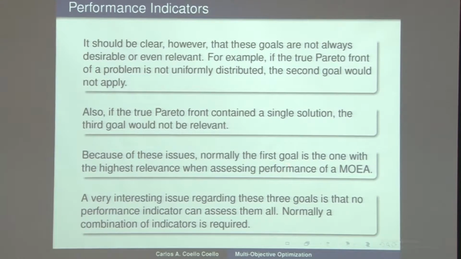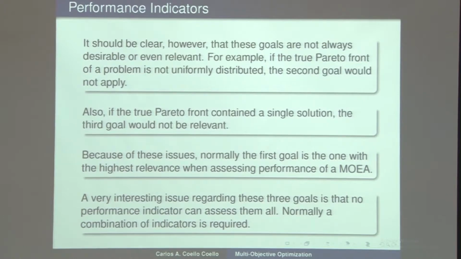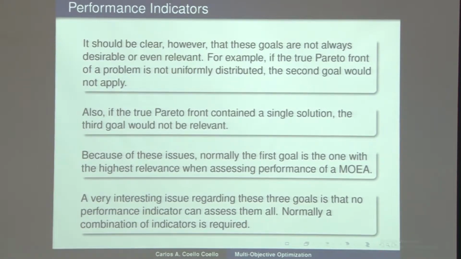So normally the first goal is the one that matters, to be able to converge. Of course, if we don't know where the Pareto optimal front is, talking about convergence is difficult. However, since we have performance indicators such as the hypervolume, I can know by looking at the value of the hypervolume if one approximation is better than another one. This at least I could identify. So this is good enough, even though I don't know where the true Pareto optimal front is.